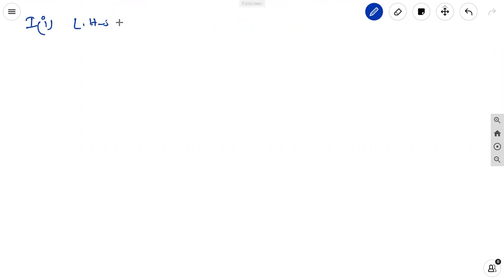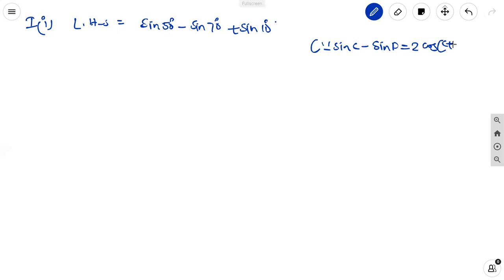LHS is equal to sin 50 degrees minus sin 70 degrees plus sin 10 degrees. We are using the formula sin C minus sin D, which is 2 cos of C plus D by 2 sin of C minus D by 2.